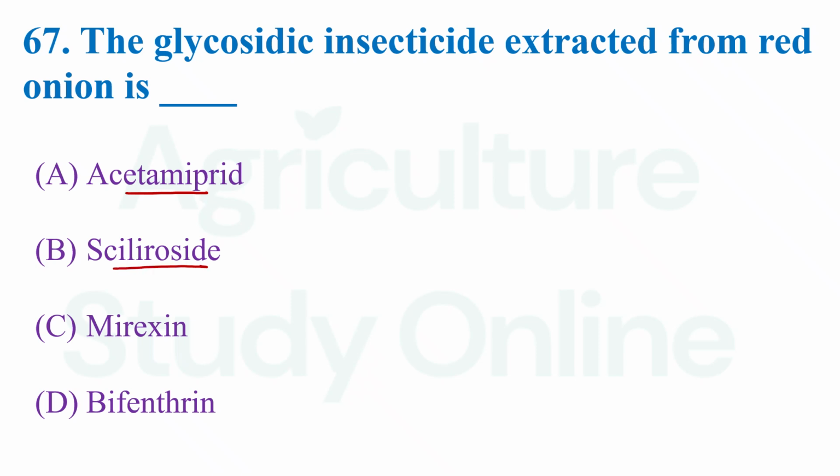So it is a glycosidic compound from red squill, and even it is used as rodenticide or insecticidal compounds from red squill. Next, mirex. So it's an organochlorine insecticide, and this is a synthetic one. So over here, correct option is option number B, that is scilliroside.